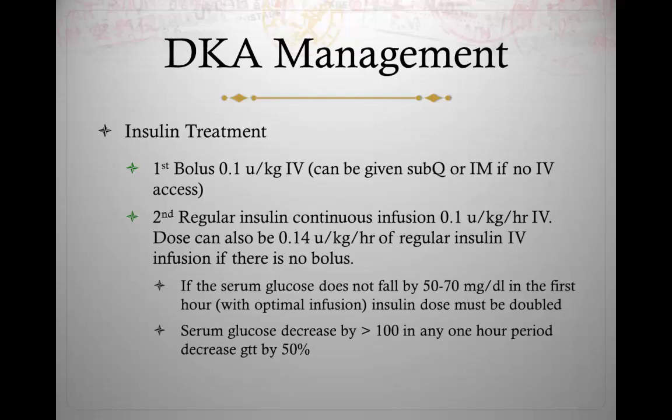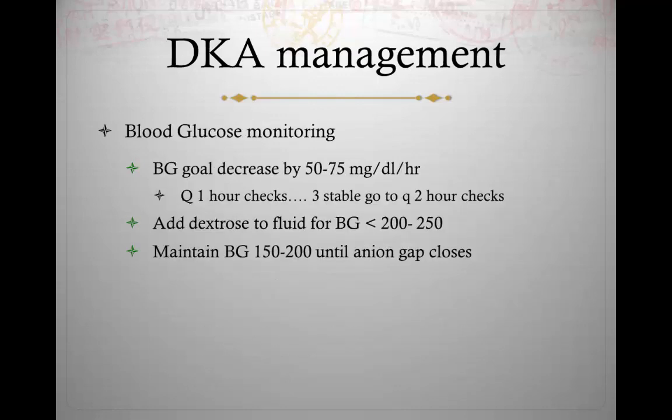We talked about the insulin treatment already. Now you must continue to check glucose. The goal is to decrease the blood glucose level between 50 to 75 per hour. So you have to do Q1 hour blood sugar levels, of course, Accu-Chek.